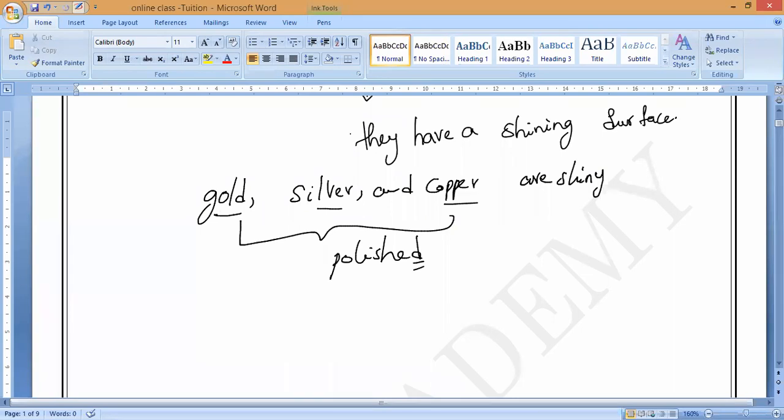Yes. So the property of this metal, which is having a shiny nature or lustrous in nature, we should call metallic luster. What is this property known as? This property of having a shining surface is called metallic luster.